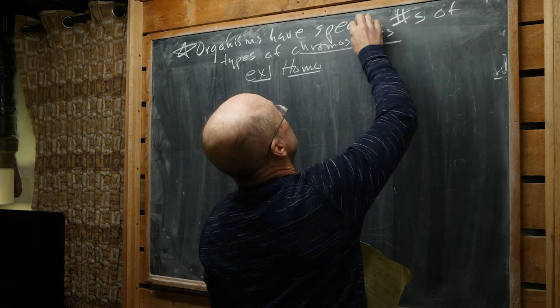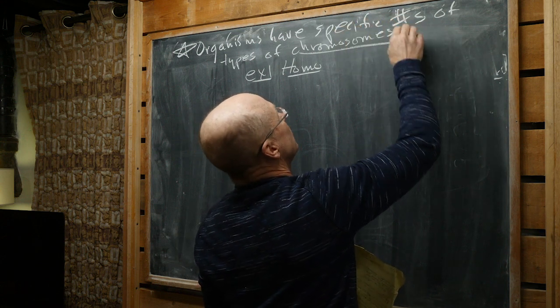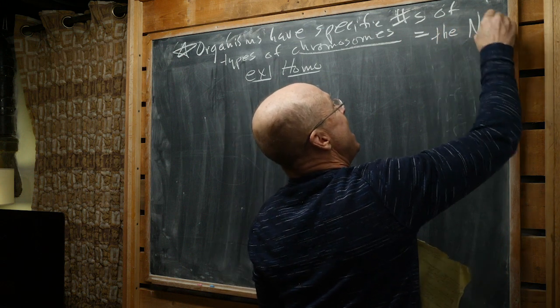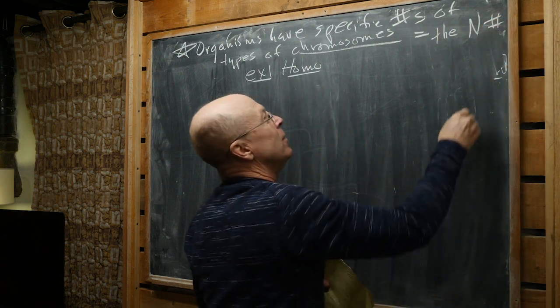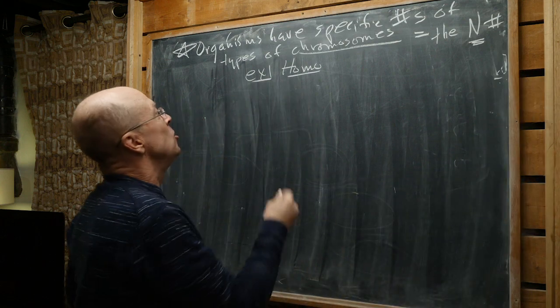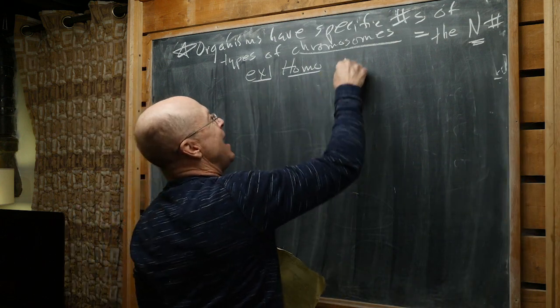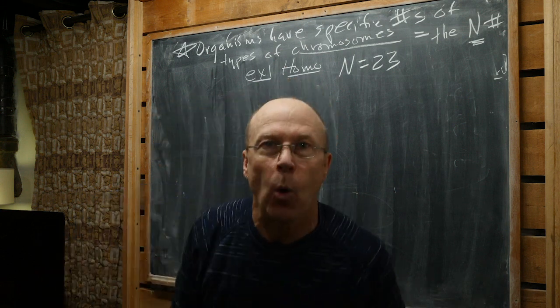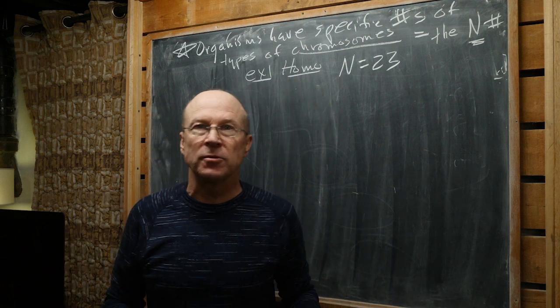So this whole thing, this specific number, is called the N number. In Homo, N is equal to 23. We have 23 different types of chromosomes.